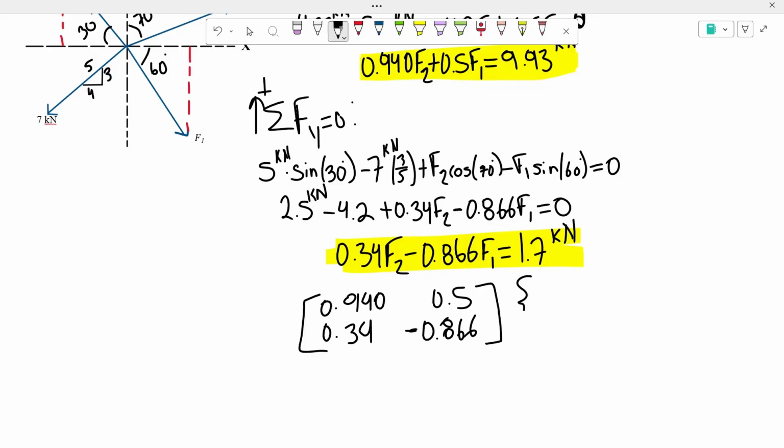And then our two unknowns are our F2 and our F1. And we know that for our x components, that has to equal 9.93 kilonewtons. And for our y components, we said that has to equal 1.7.